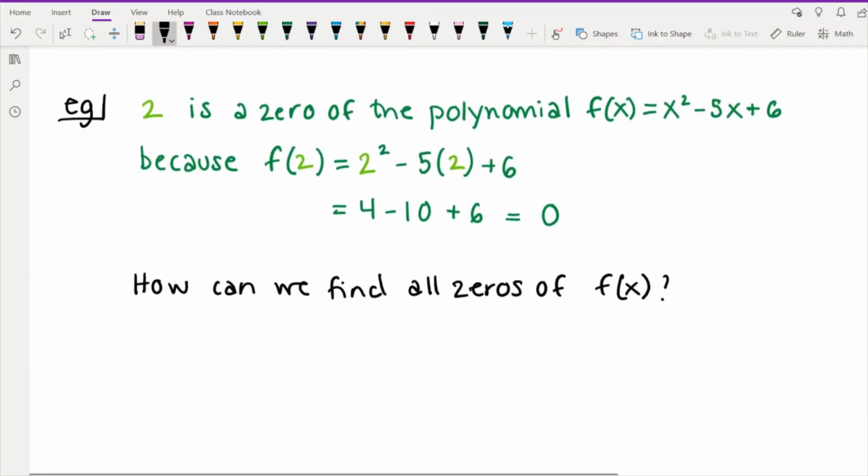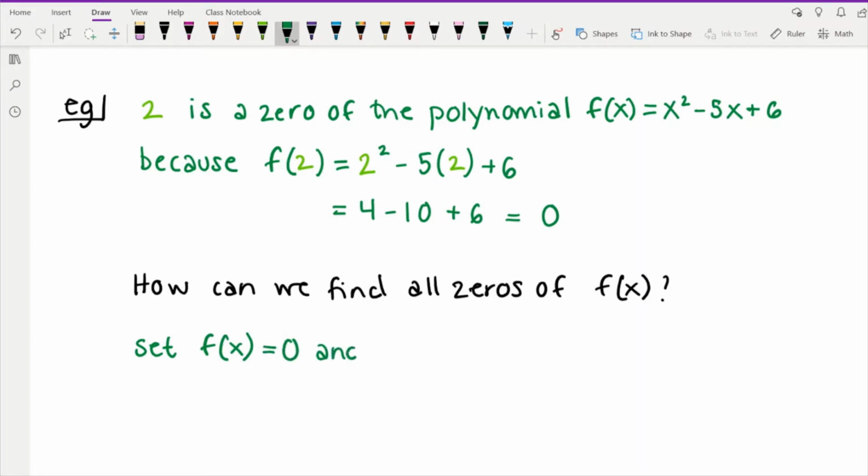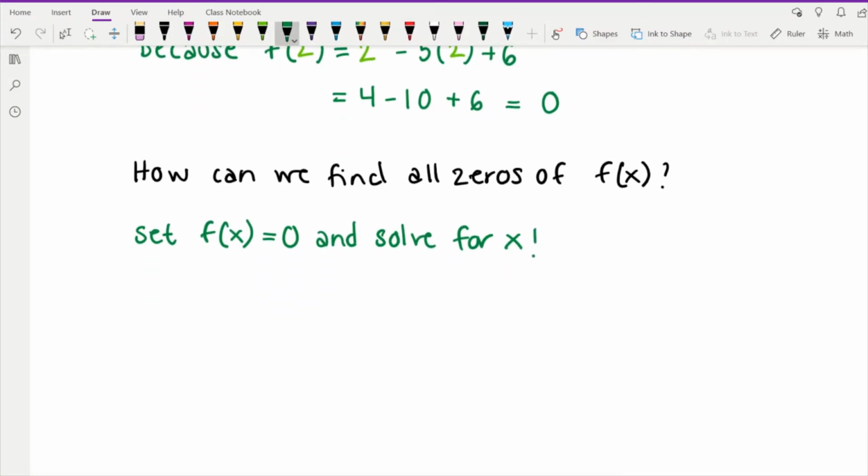So really what we have to do in that case is we would want to take our function and set it equal to 0, right? Because that would be saying that the output is 0. So I'm going to take this function and I'm going to set f of x equal to 0 and solve for x, right? Because that will tell us exactly what are the inputs that give us 0 as an output.